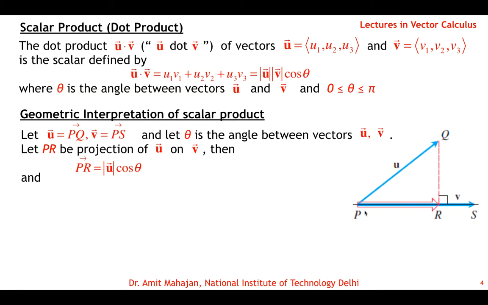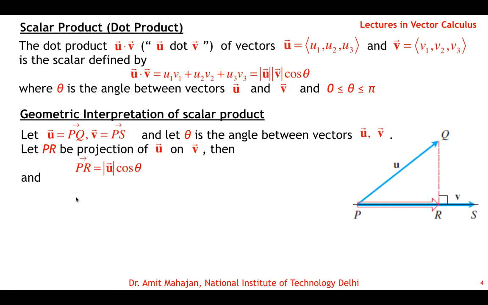Then clearly the PR vector will be the magnitude of u times cosine of theta, because this is the base over the hypotenuse from this triangle.